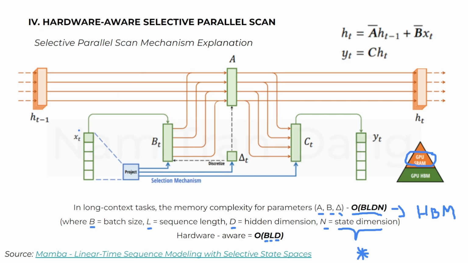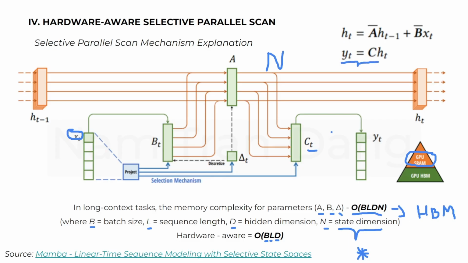At first we have the input here. We can see the green line is inside the HBM, meanwhile the orange one is calculated inside the SRAM. So the idea is basically to calculate N, the state dimension, inside of the SRAM, and the output is the only thing written out.